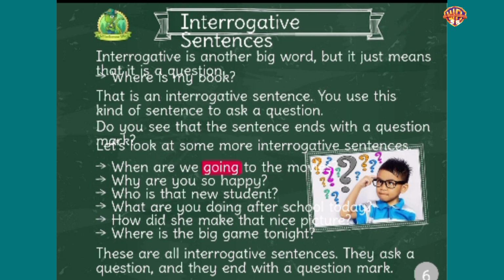When are we going to the movies? Why are you so happy? Who is that new student? What are you doing after school today? How did she make that nice picture? Where is the big game tonight? These are all interrogative sentences. They ask a question and they end with a question mark.